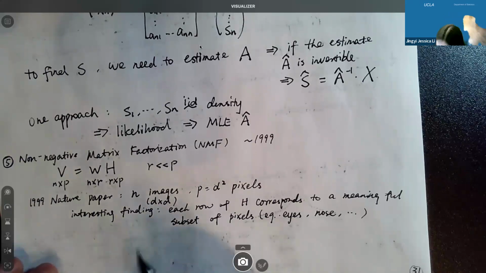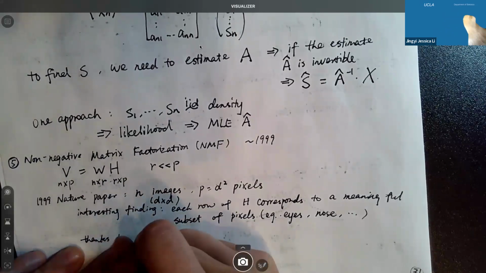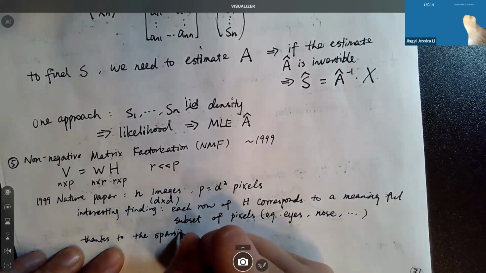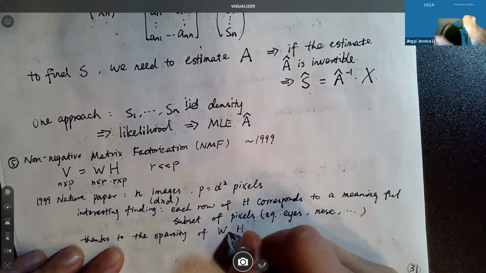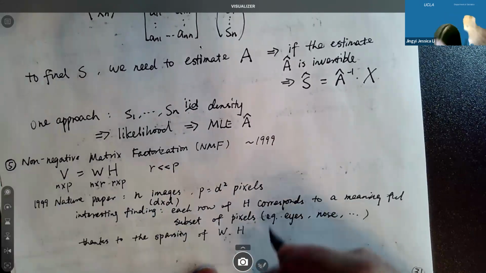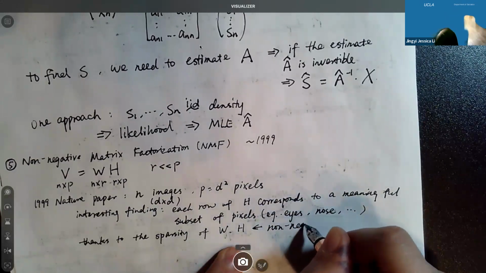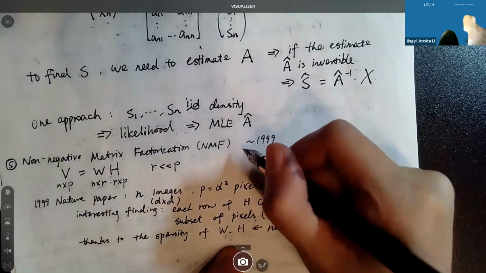And this interesting finding is thanks to the sparsity of W and H. These two matrices have a lot of zeros and only a few non-zeros. And the reason is because of the non-negativity requirement.